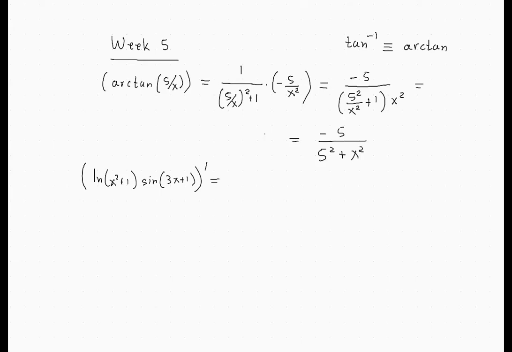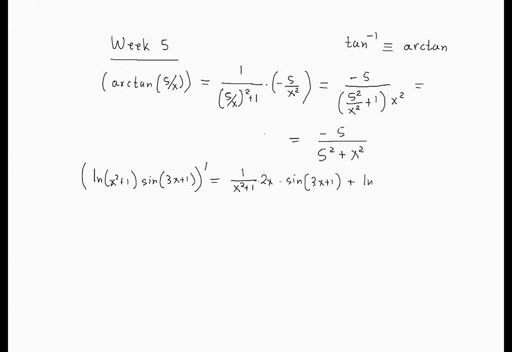It is 1 over x squared plus 1 times 2x. That's a classical application of the chain rule. And we want to multiply this by sine of 3x plus 1. So the derivative of the first times the second, plus the first times the derivative of the second function, sine of 3x plus 1.